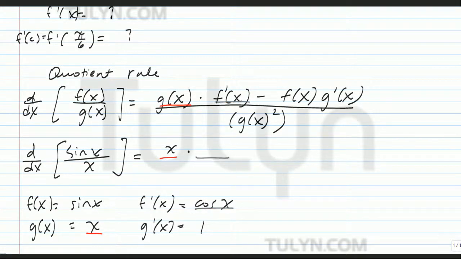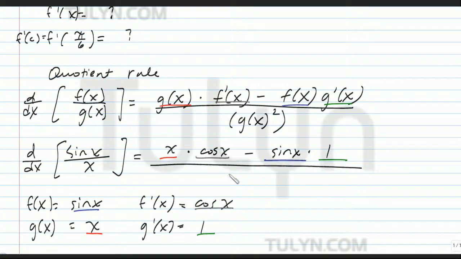It's going to be times cosine x minus f of x, which is sine x, times g prime of x, 1, all divided by g of x squared, and g of x is x, so it's going to be x squared.